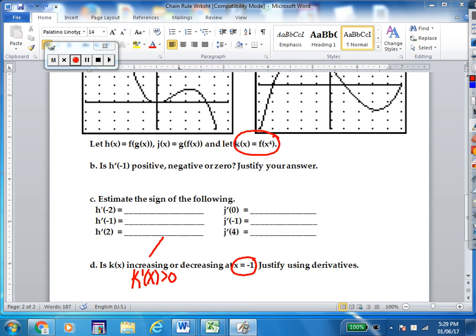If a function is decreasing, then it's going to have a negative slope, which would mean the derivative, k prime of x, would have to be negative. So when they say increasing, decreasing, they're really just asking if the derivative is positive or negative. And because it is a composite, you're going to have to use chain rule. Derivative of the outside, leave the inside alone, times the derivative of the inside. That's a challenge one, so I'm going to let you guys think about that.